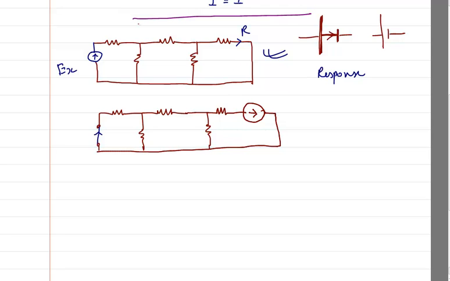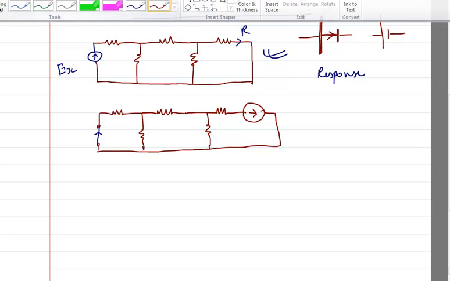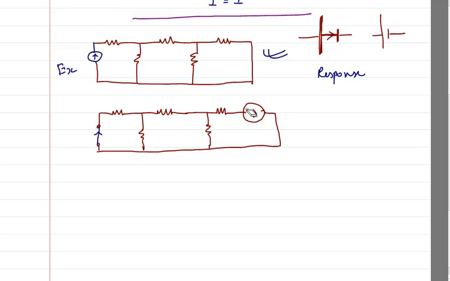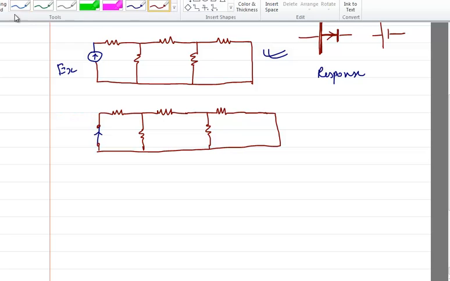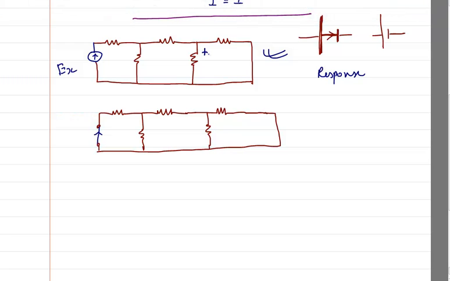Now instead of current, if I would have to find out what is the voltage. Let me draw this. Suppose I was interested to find out, because of this current source, what is the voltage that I will have here. So again I have to interchange the current source with the voltage source.